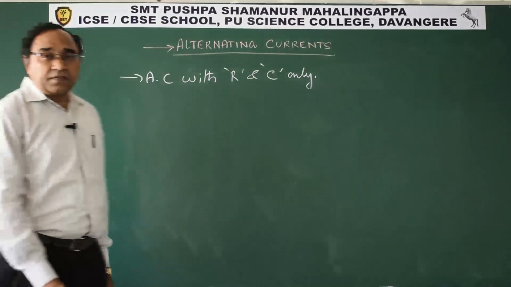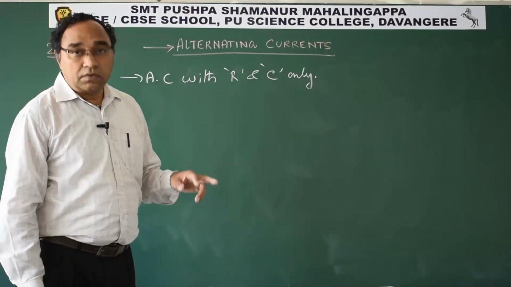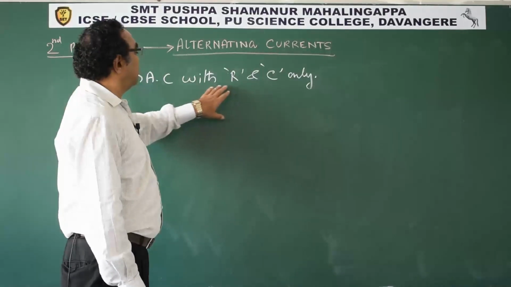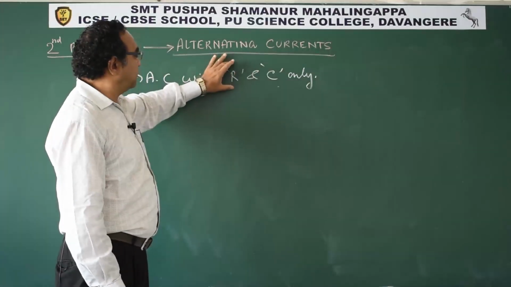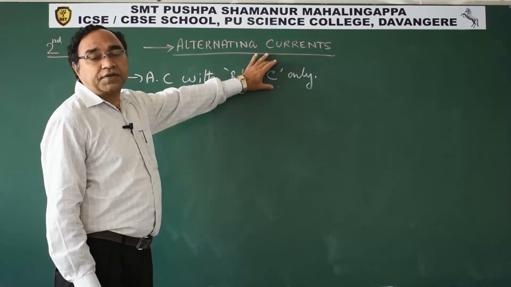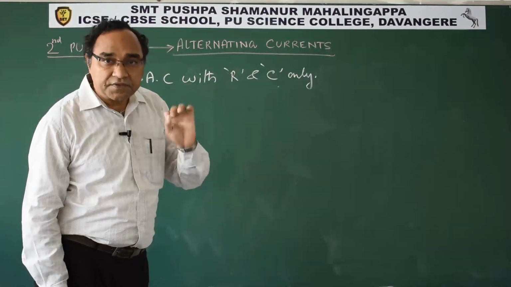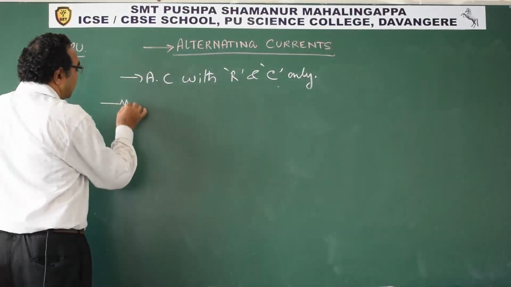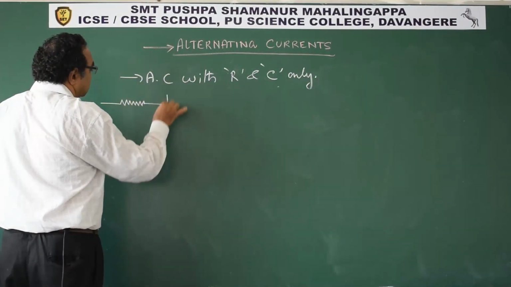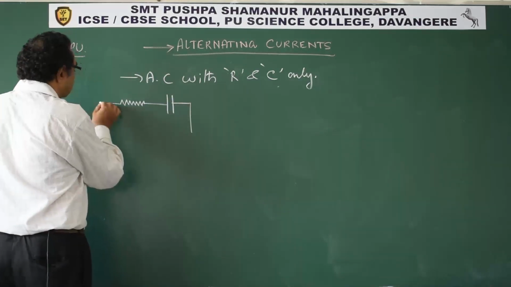Now students, let us take the next combination of components, AC with R and C only. Here we have a resistor and a capacitor, and the source is AC, not DC. So it is something like this.